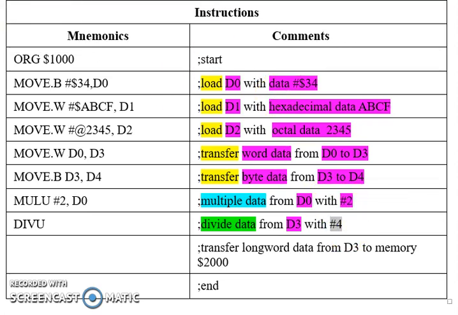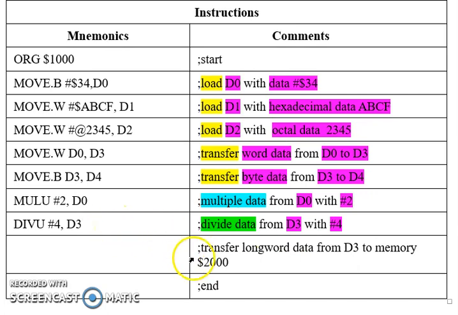As I mentioned earlier, the data, whether it is hexadecimal, decimal, octal or binary, can always be stored at the source. It cannot be stored at the destination. So DIVU decimal data 4, and the destination will be D3. So we complete this line.